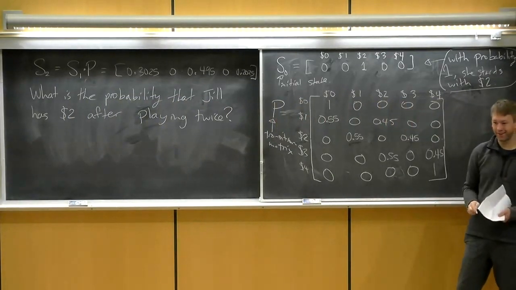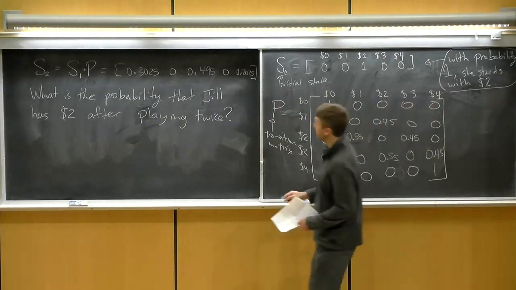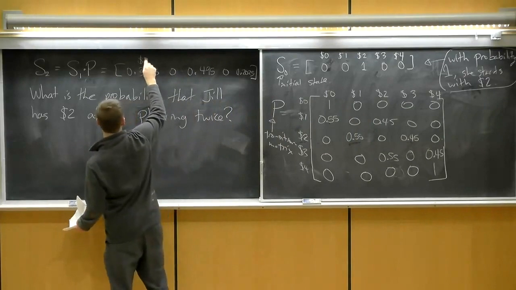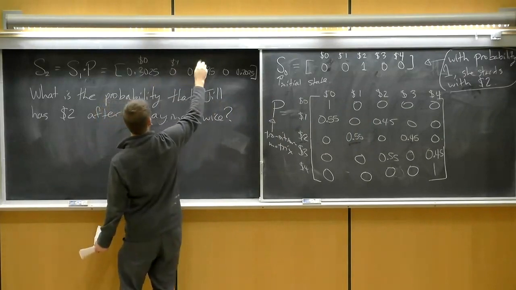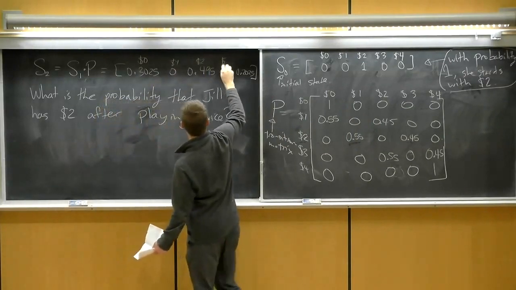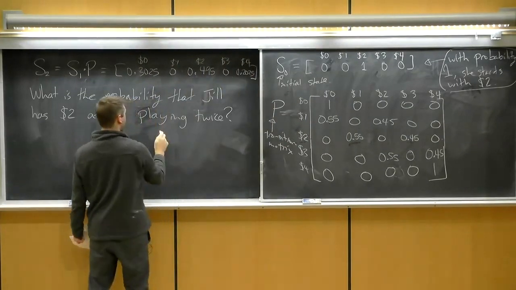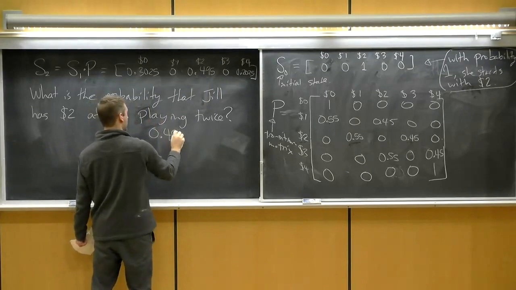Yeah, right? Because it's just this number. Remember, this represents $0, $1, $2, $3, $4. So this is the probability of having $2.